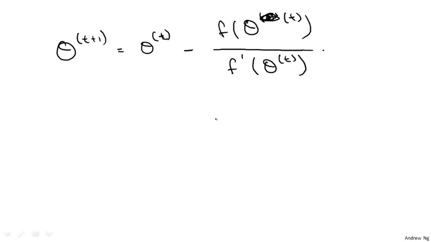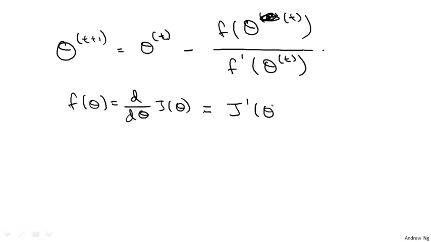Now that's one iteration of Newton's method, and just to plug this back into the original problem we care about, we had said that f of theta is the derivative of J of theta, which is why we want to find the value of theta when this is equal to 0. Let me write the derivative of J with respect to theta as J prime of theta.